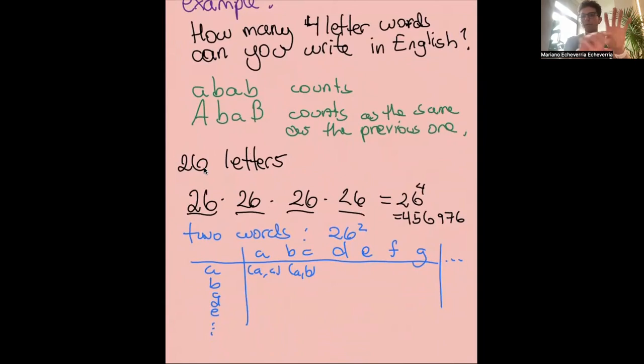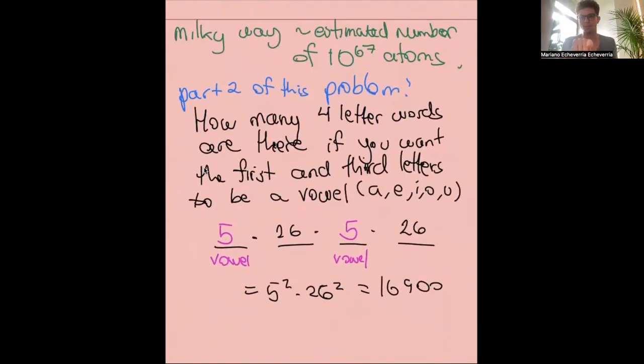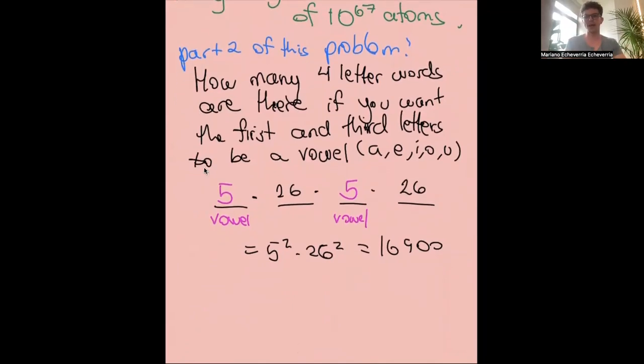You have a ball representing each word, so you put them all in an urn, and then you would ask, what's the probability that you would grab at random one of these words that has this condition of first and third letter being vowels. So the probability in the classical definition would just be the ratio between the number of favorable outcomes versus the total number of outcomes. Let me just write that down.